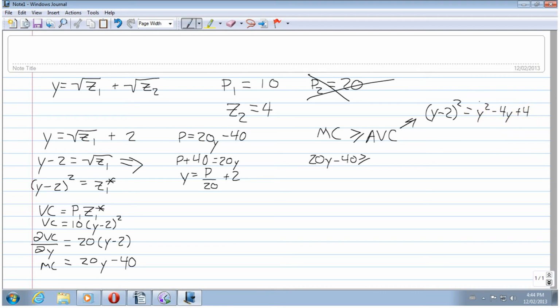And variable cost is that times 10. So let's go ahead and now average variable cost is variable cost over y. So we're just going to divide this thing by y. It's 10 times y minus 4 plus 4 over y. And bringing this in, I'm just going to multiply the 10 through.